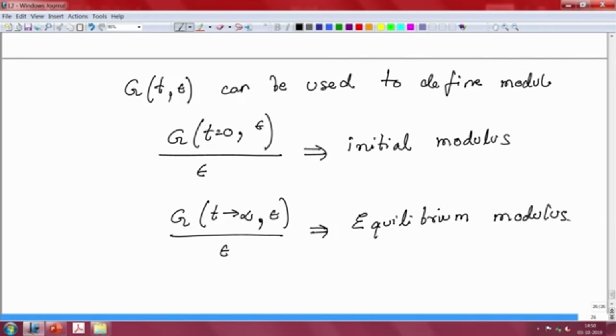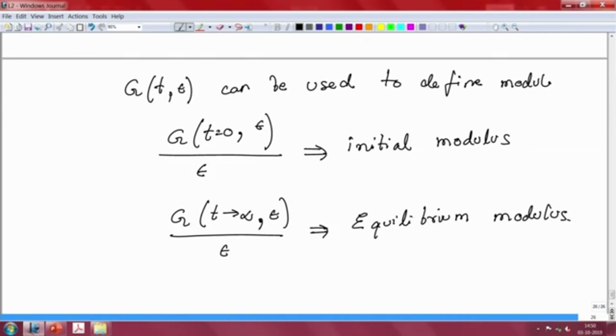Some people use this quite a bit. For example, in polymer engineering they use this. We will do this in a more rigorous fashion in a second, but the important point is that these two moduli can be different by even orders of magnitude.